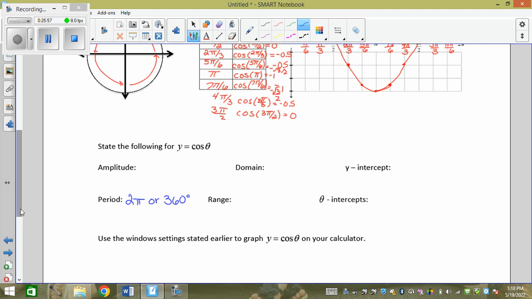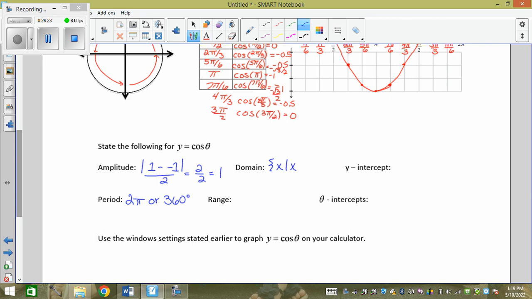Okay? The amplitude is max minus min over 2: max is 1, minus min which is -1, so 2 divided by 2, which is 1. The amplitude makes sense because you count down and count up, and they should meet at the same spot. What's the domain? x is an element of the reals, because it's going to keep going and going.